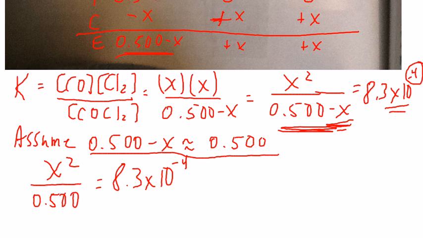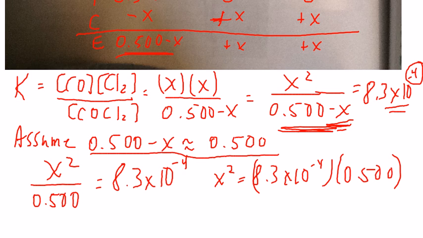But now that we have made this assumption, we can simplify. x squared is equal to 8.3 times 10 to the negative 4 times 0.500, and we get x is equal to about 2.0 times 10 to the negative 2.